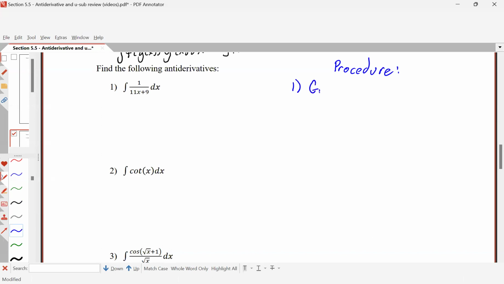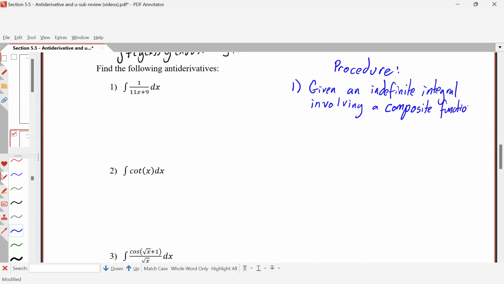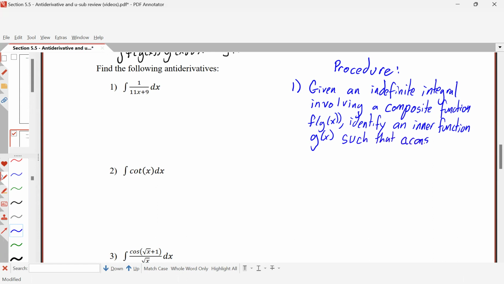First step is that given an indefinite integral involving a composite function f of g of x, we want to identify an inner function g of x so that a constant multiple of the derivative of g appears in the integrand.